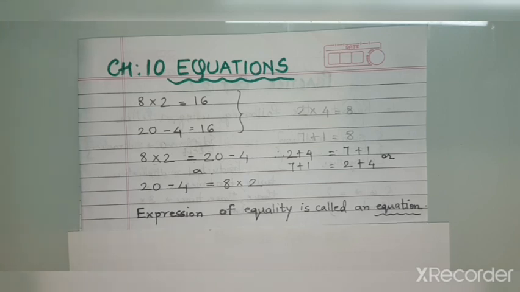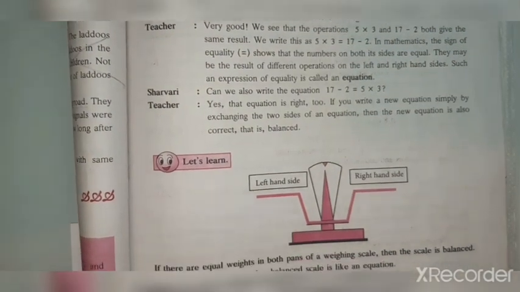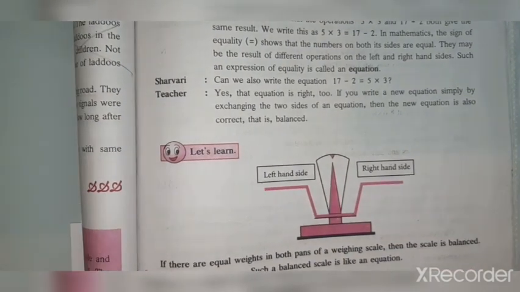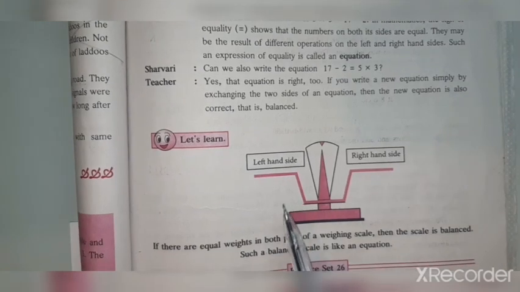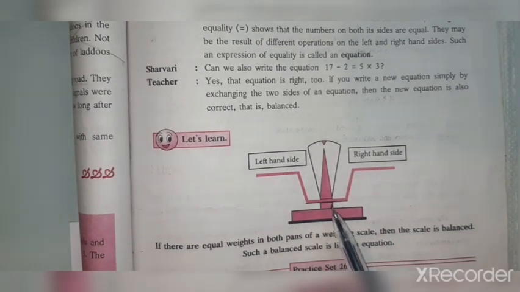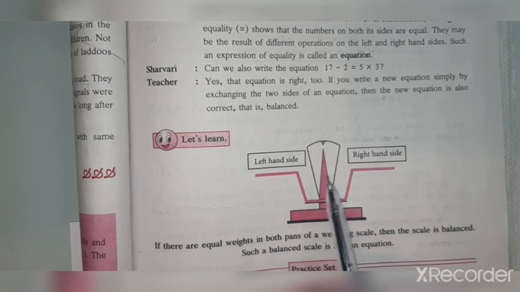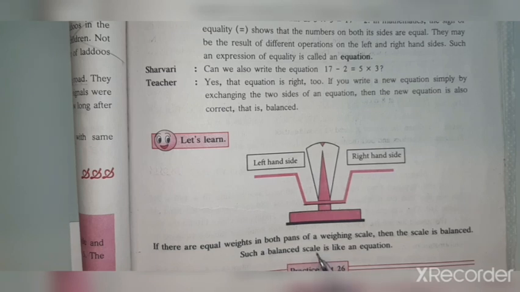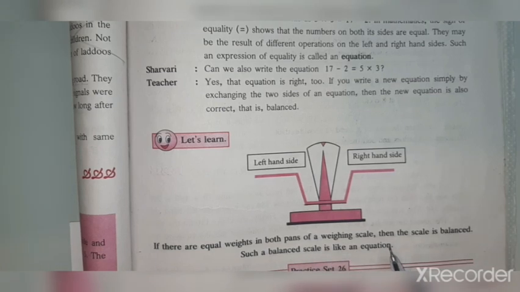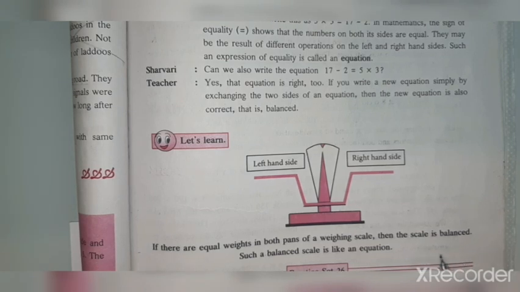Now let's see in the textbook. On page number 51 of your textbook, you will see they have given a picture and they have written here, if there are equal weights in both pans of a weighing scale, then the scale is balanced. This is a very simple thing.